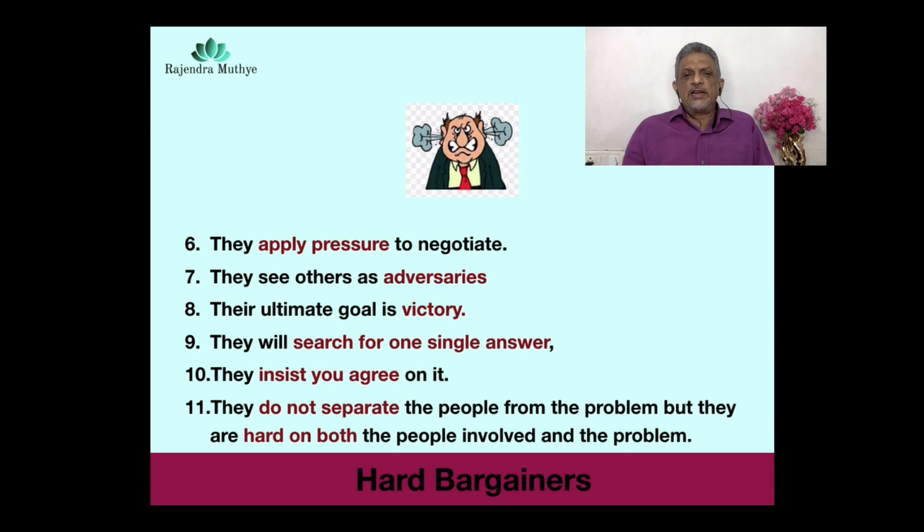Now, these are required in certain places because, let's say you are dealing with terrorists. Terrorist negotiation is not that simple. A soft bargainer can never go and do bargaining with terrorists. So hard bargainers have their own plus points. However, their ultimate goal is victory, and not too much emphasis on win-win. They're okay with a win-lose.